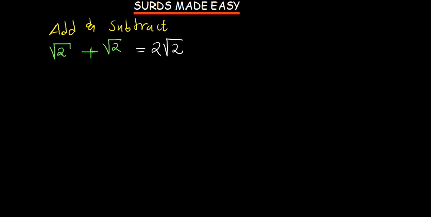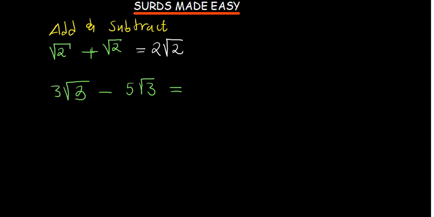So apart from that, let's say if you have 3 square root of 3, and then minus 5 square root of 3. Now I want to subtract these two numbers.